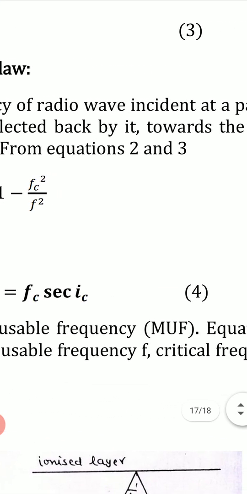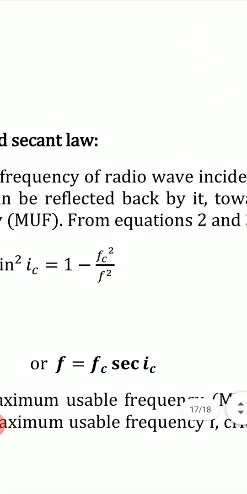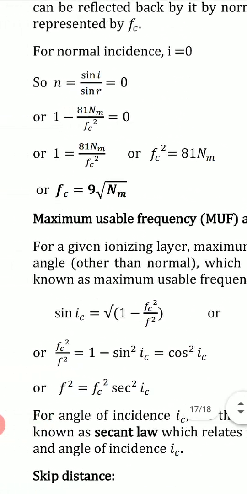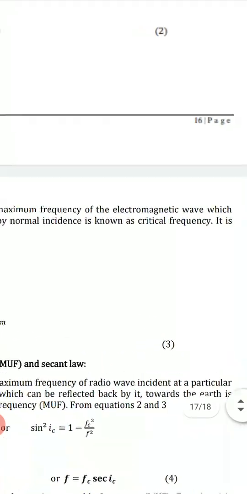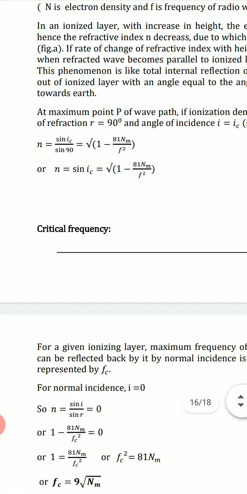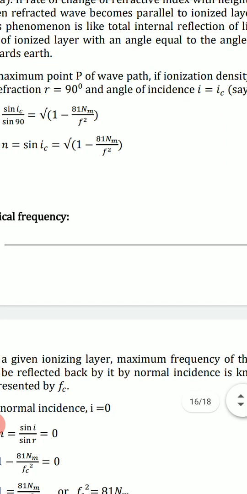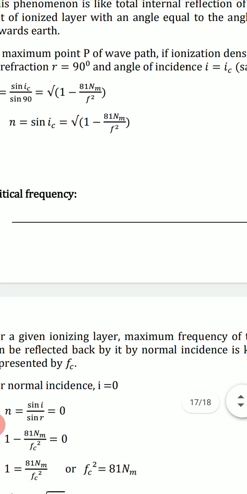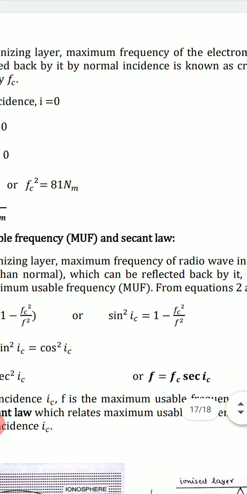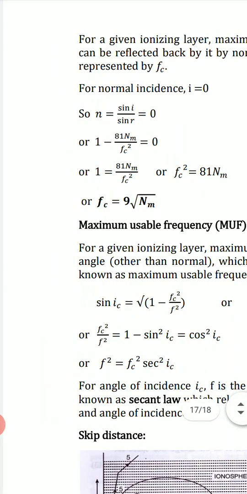From equation 2 and 3, equation 2 is this equation, n equal to sin IC equal to root 1 minus 81 nm upon f square. This is equation 2, and this is equation 3, fc equal to 9 root nm.